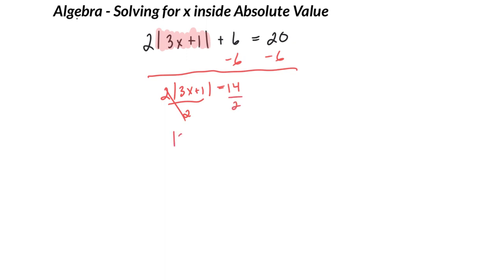So I have the absolute value of 3x plus 1 equals 7. At this point, I stop and ask, is 7 a possible output of absolute value? It is. Negative 7 wouldn't be, but positive 7 is. Now I make my 2 problems: 3x plus 1 is 7, or 3x plus 1 is negative 7.